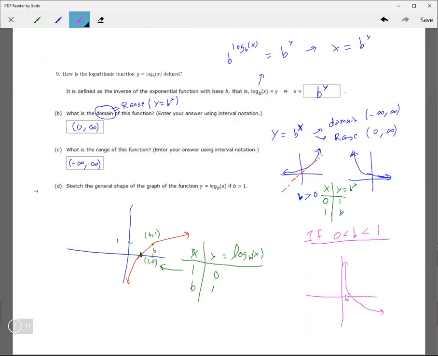Because your b is going to be here, and that's going to be 1, and then this is going to be 1, 0 right there. That's what happens when you reflect this over the line y equals x as well.